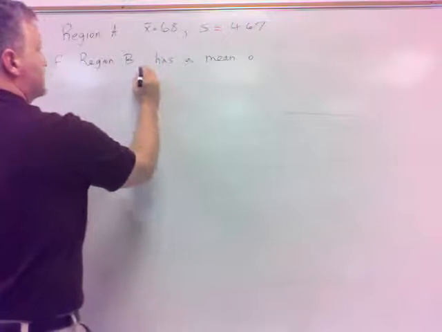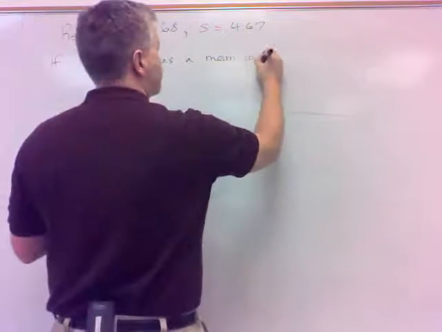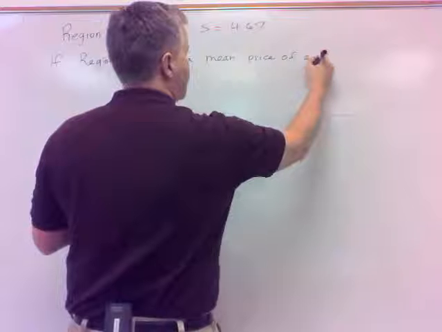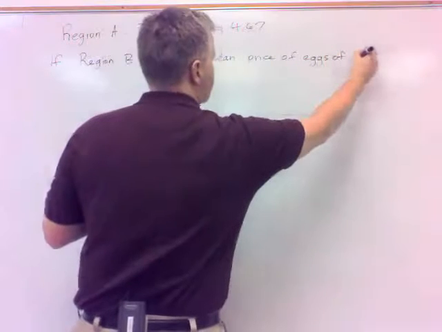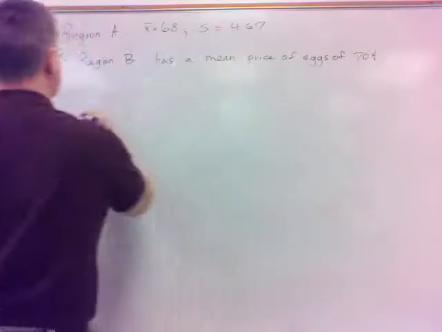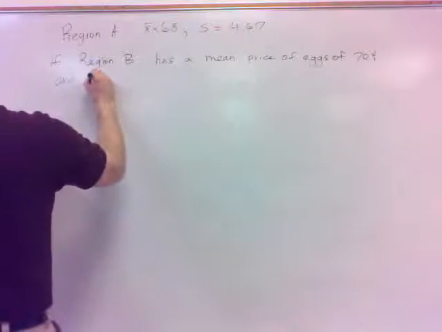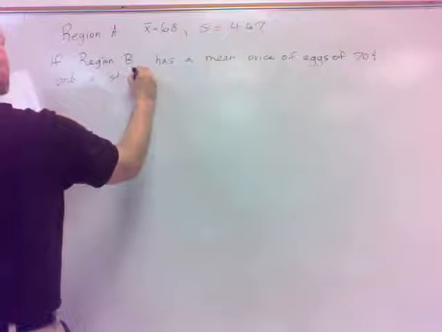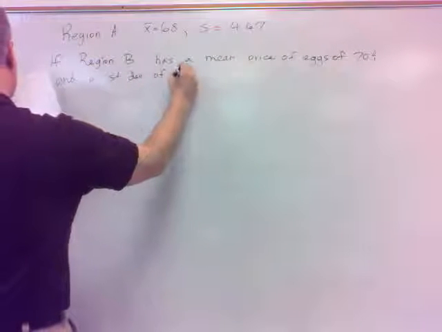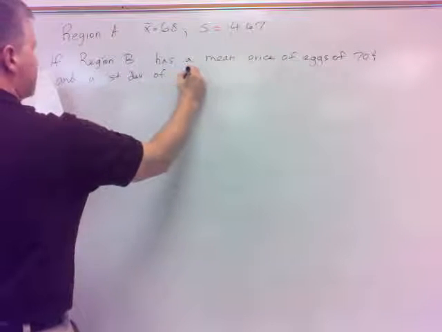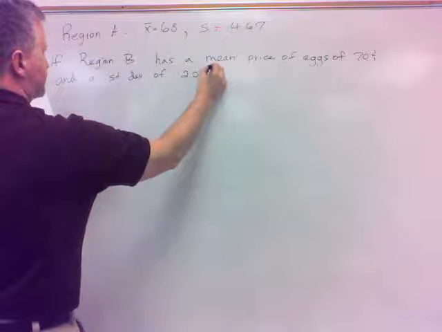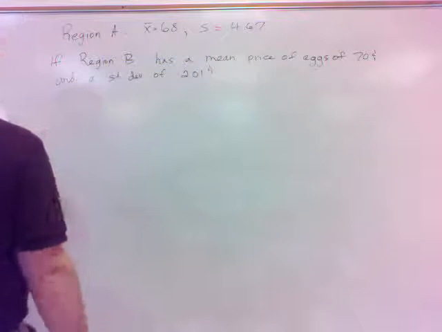If region B has a mean price of eggs of 70 cents and a standard deviation of 2.01 cents, answer the following.